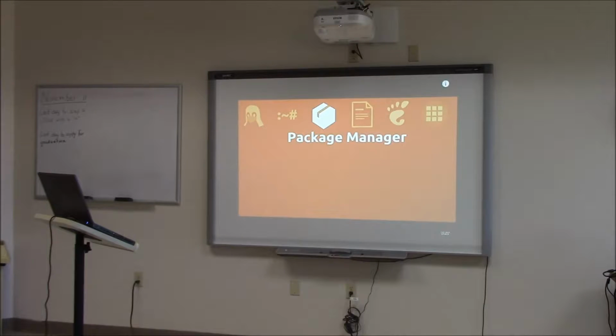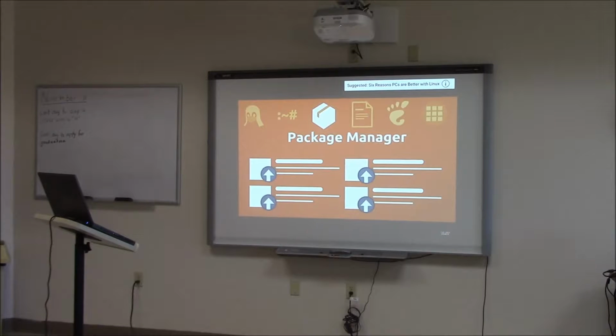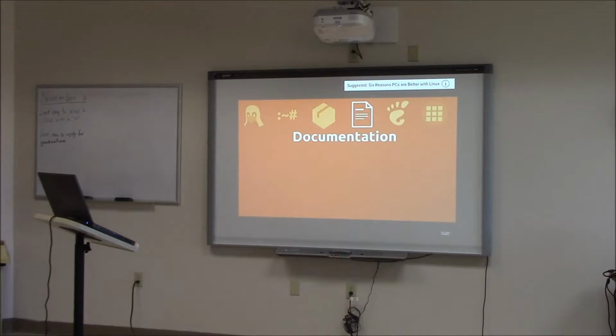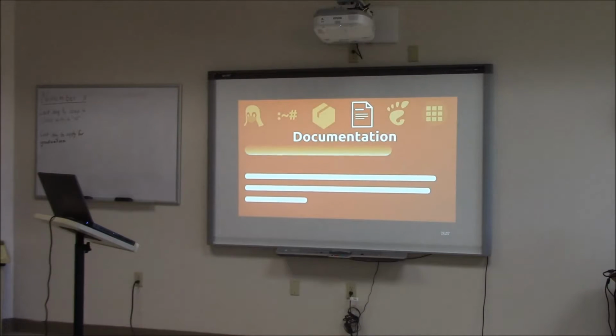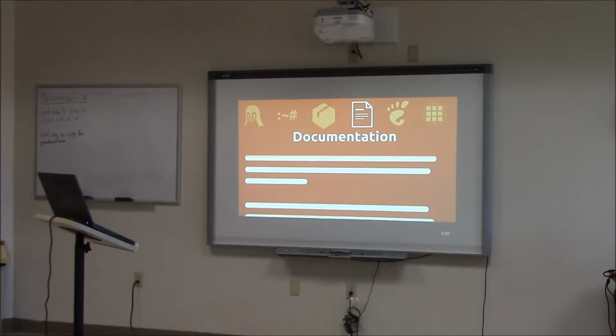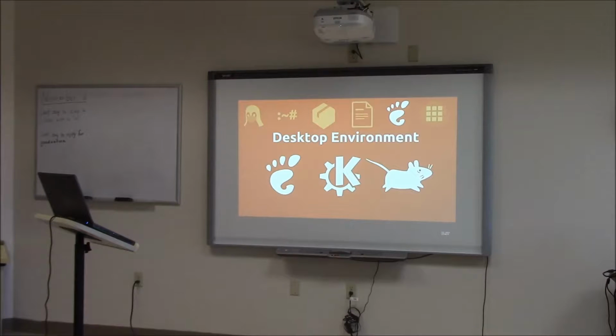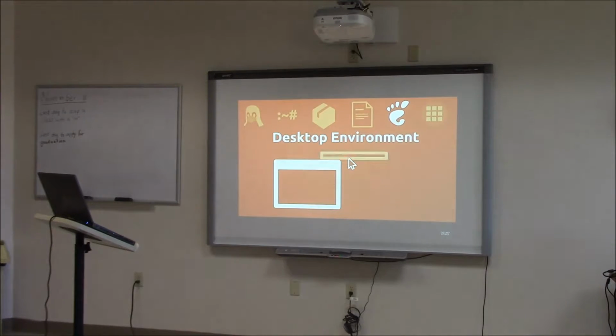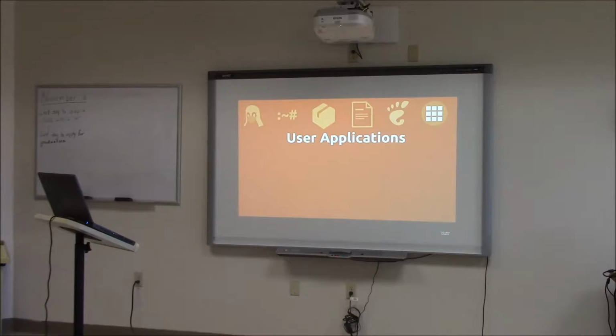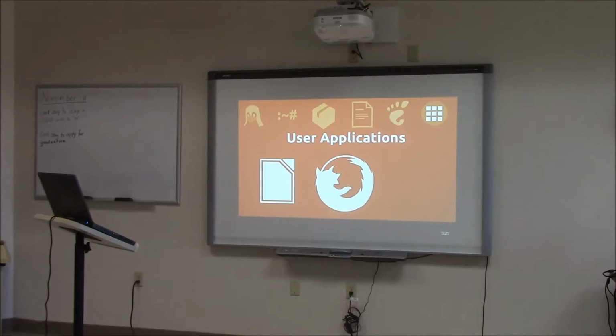The package manager, the way the operating system manages software installation, updating, and removal. Documentation, text documents which explain how software works and each application's various features. Usually a desktop environment, which is software that enables you to use your computer with a mouse and generates a graphical user interface. And finally, user applications, things like word processors, web browsers, and everything else.